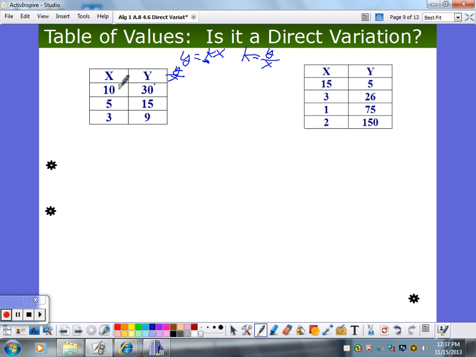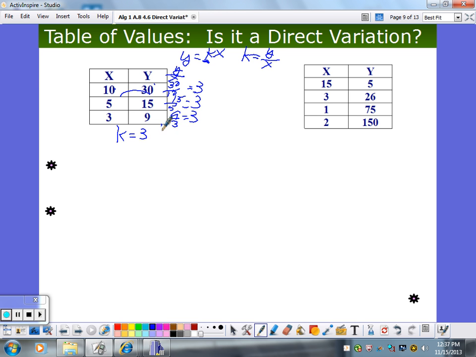So what is y over x here? 30 over 10, right? Which is, what's y over x here? What's y over x here? What is K? Is this a direct variation? What's the direct variation equation?